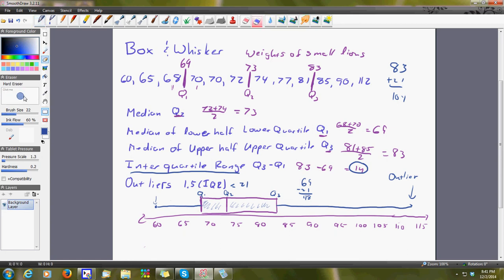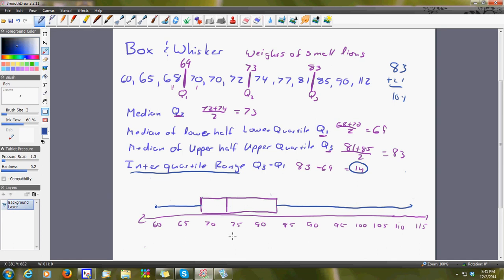So I'm going to erase a few things because I just want to make sure you get the point. I'm going to erase all of this. I'm going to erase these little arrows. I'm going to erase this work here. When I'm done with my box and whisker, which is drawn with a ruler with even intervals, then you would also need a title.